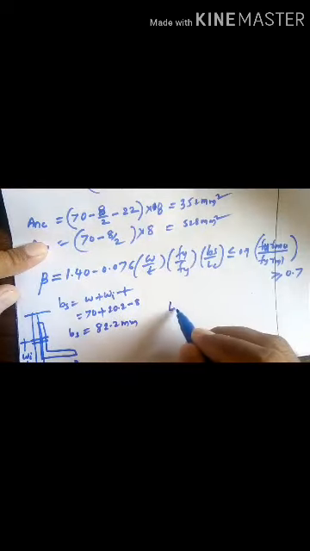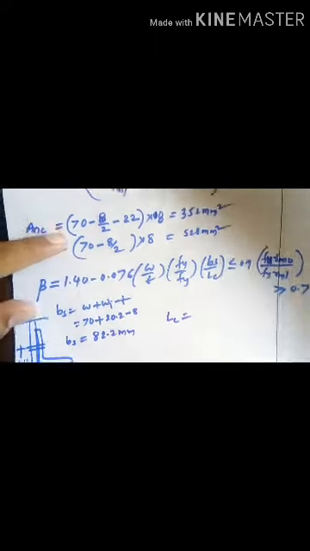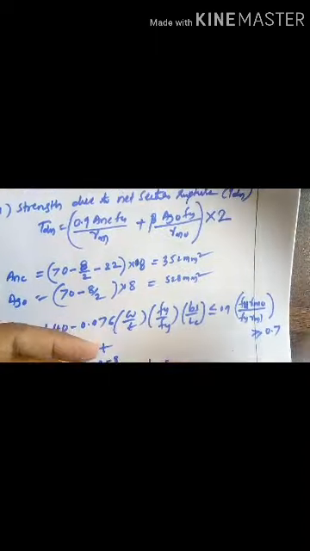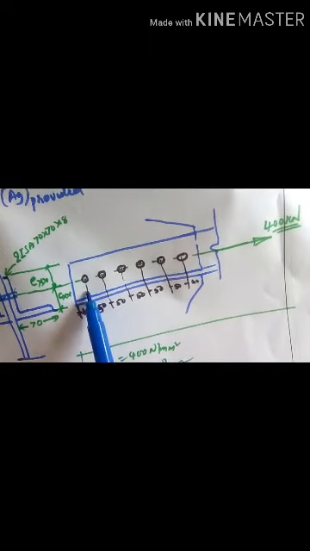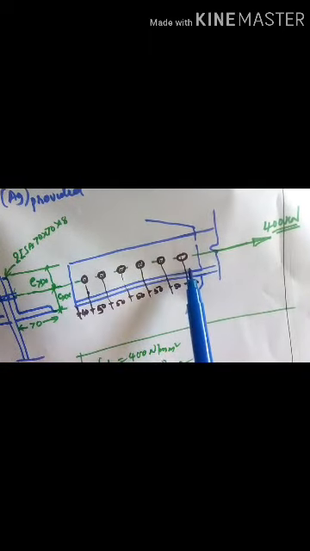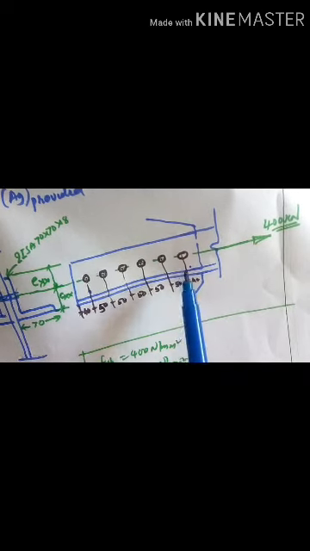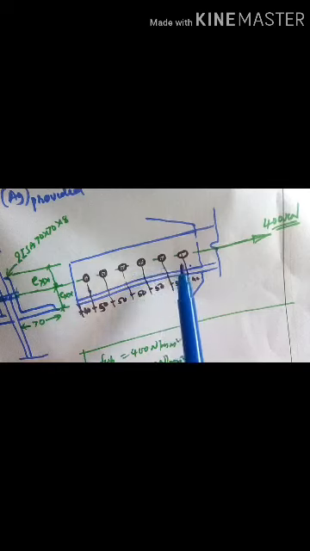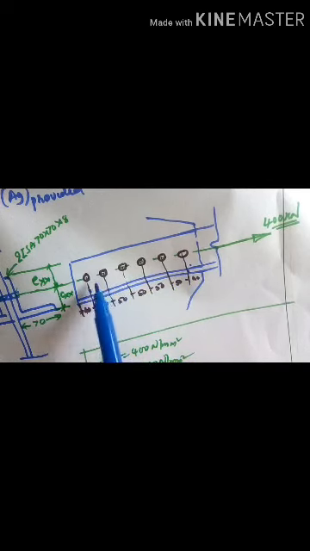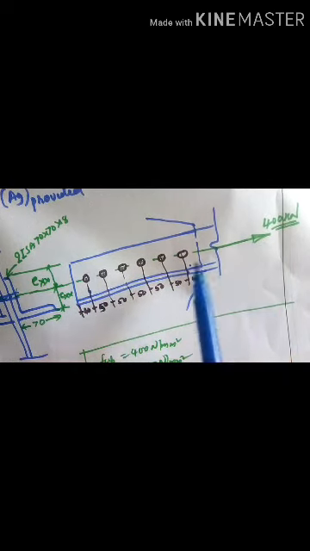Similarly calculate Lc. Lc is from the first bolt hole center to the last bolt hole center, that is 50 plus 50 plus 50 plus 50 plus 50, measuring along the direction of load.